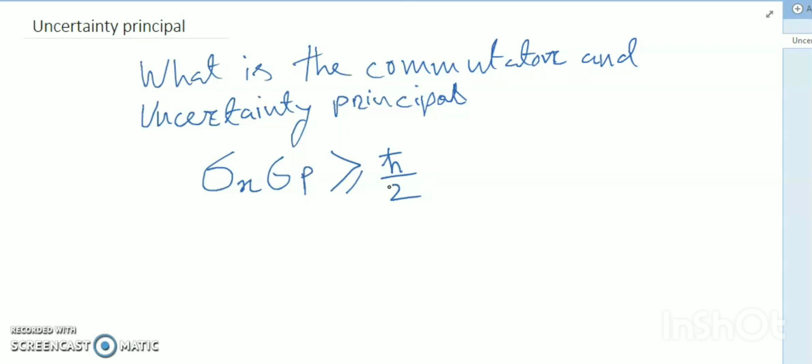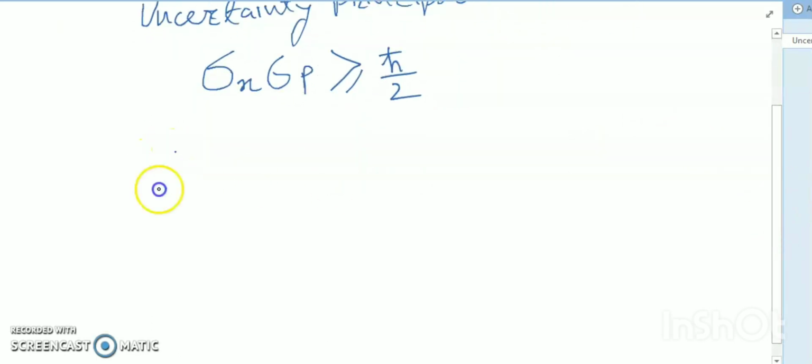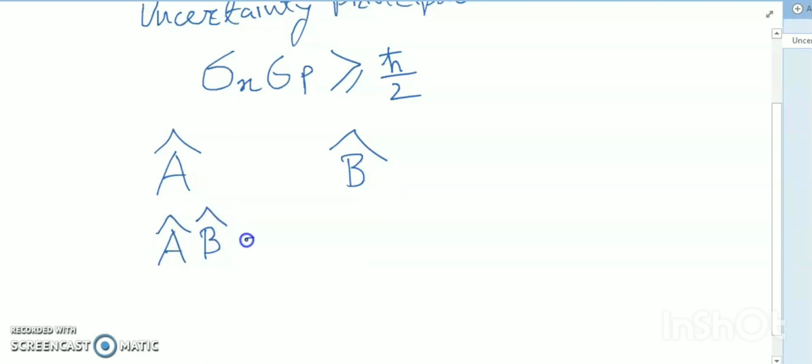operator AB and BA are the same, then we can say the commutator: A cap B cap equals B cap A cap. Then it is commute.